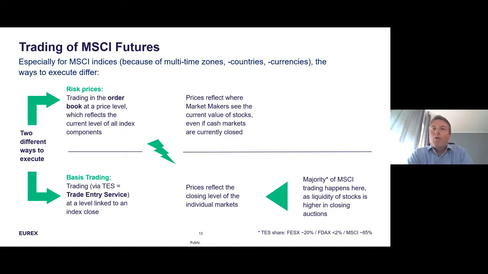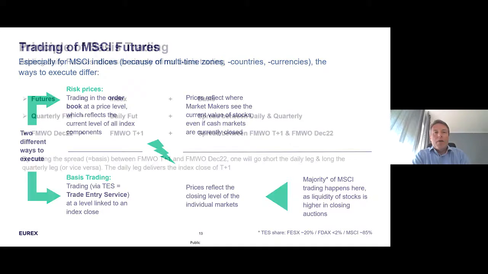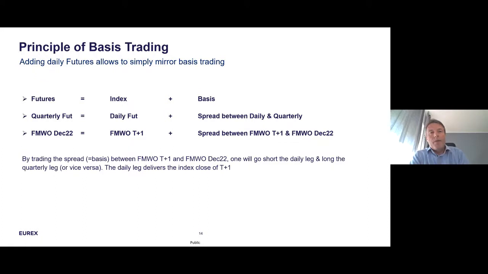Also because most of that trading, as we can see on the next slide, happens not on the same day index, but often on the index of the day after, or even T+2. So now, by adding daily futures in front of the quarterly futures, we have a mechanism with which we can simply mirror the basis trading. The principle here: the futures price is basically the index price plus the basis.